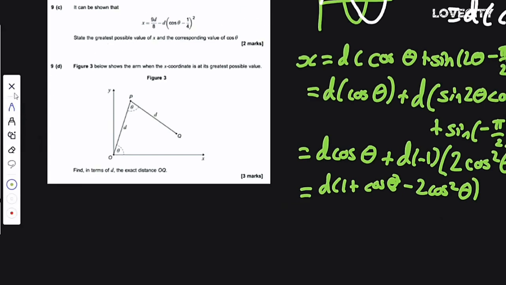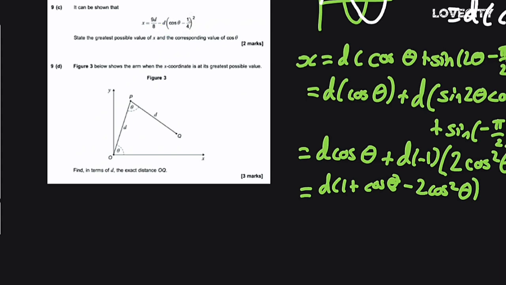Now when it says state the greatest possible value of this, what you want to look at is what changes. So d doesn't change, d is a constant. Theta is the only thing that changes. Theta is locked up inside of here. So considering that this is a negative, it's subtracting, and I'm after the greatest possible value, I want to make this as small as possible. So what is this bounded upon?